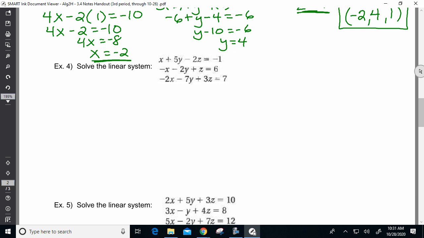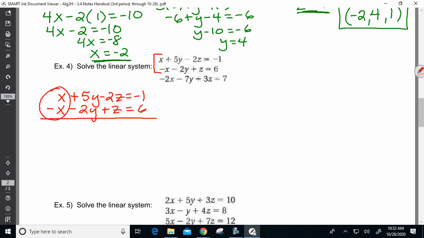We got to get rid of one of these variables. Elimination. All right. Where do you want to start with elimination? The first equation. All right. So take the first two equations. x plus 5y minus 2z equals negative 1. Negative x minus 2y plus z equals 6.